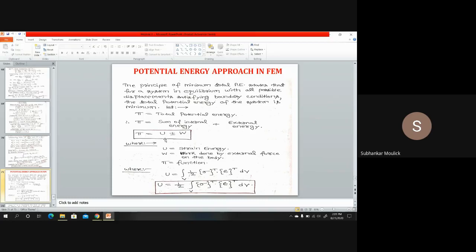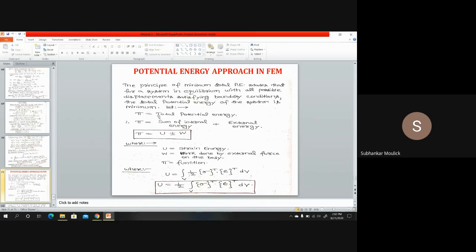The principle of minimum total potential energy states that for a system to be in equilibrium with all possible displacements satisfying boundary conditions, the total potential energy of the system is minimum. That means for a particular problem, if due to application of some external load the nodes or the element is displacing, then the total potential energy of the problem is minimum.